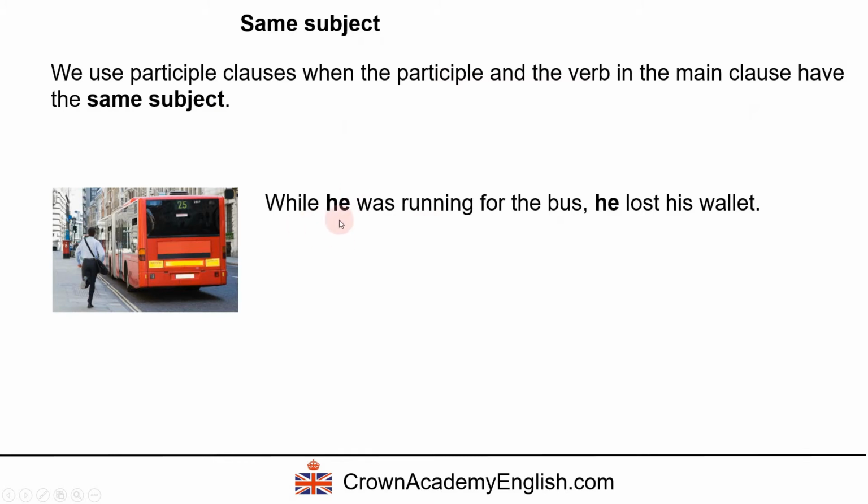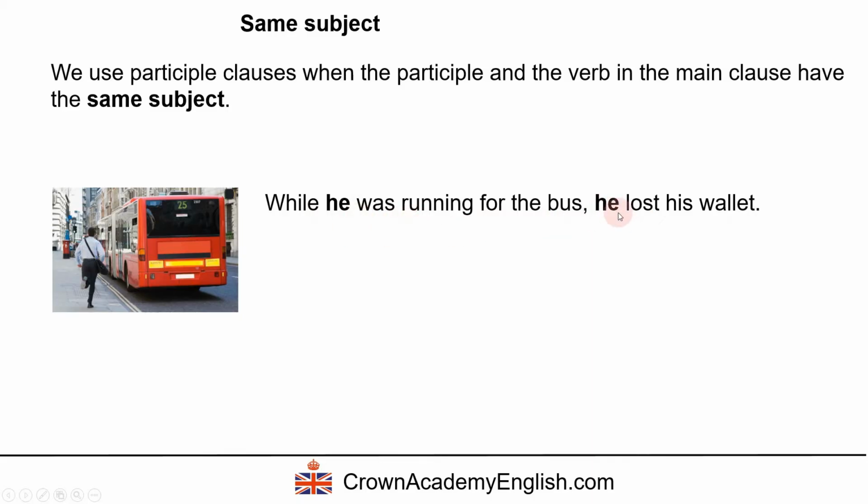And notice the subject of both clauses is the same. While he was running for the bus, he lost his wallet. So the whole sentence, both clauses, we are talking about he, this person here. The subject here and here is the same.